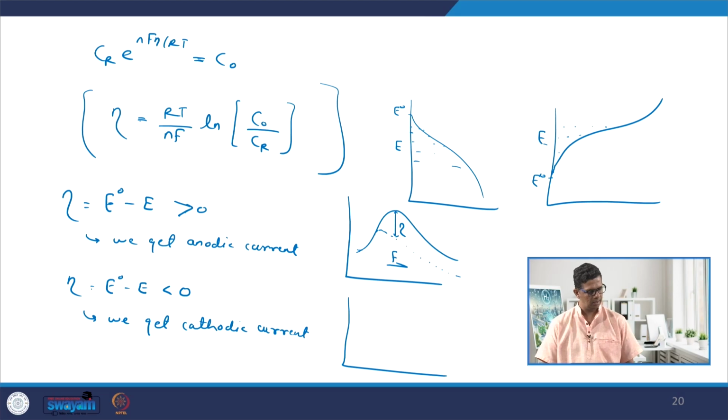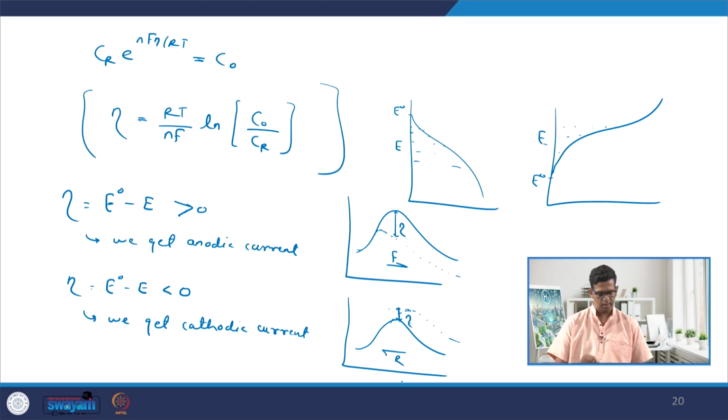So if eta is negative, we get cathodic current, and if I want to represent this here, at equilibrium it looks like this. So when we are working in the electrolyzers, we are basically shifting it towards the upper side. So this becomes our eta.